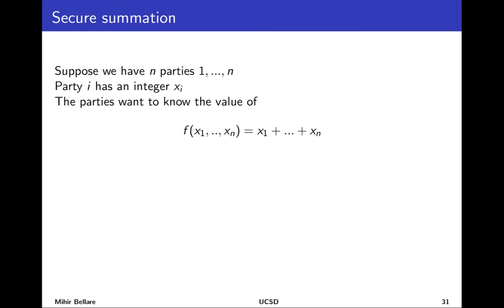What we're looking at here is a simple instance of what's more generally called multi-party computation, which is a very exciting technology for many use cases nowadays. So suppose we have n parties, for example, all students in a class, and each party knows a particular number or integer, and they want to know jointly what is their sum.